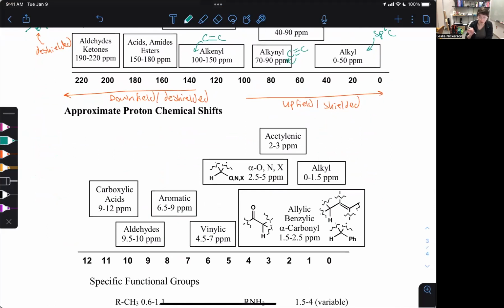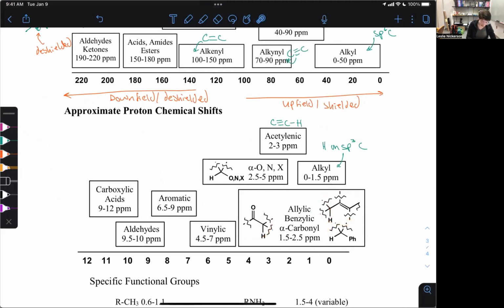For our proton chemical shifts, before we go anywhere, I'm going to talk a little about some of the names here. The acetylenic is just the H on a triple bond. Alkyl again is sp3 H on sp3 C. Allylic, benzylic, and alpha to carbonyl are all drawn out so you can see what they look like.